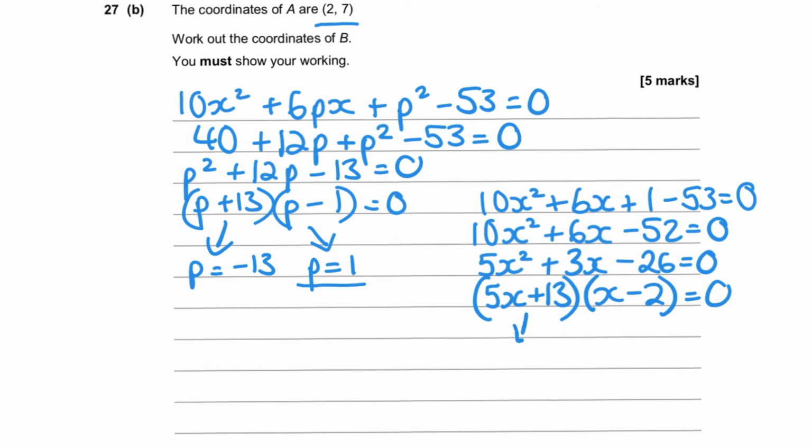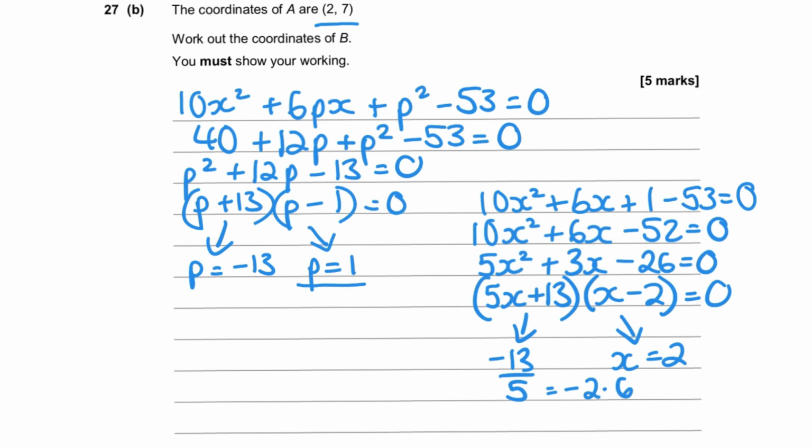If this bracket equals 0, we've got x equals minus 13 divided by 5. If this bracket equals 0, we've got x is equal to 2, which we already know. I'm going to rewrite the minus 13 over 5 as minus 2.6, because the question is looking at coordinates, so writing it as a decimal is a little bit more usual.